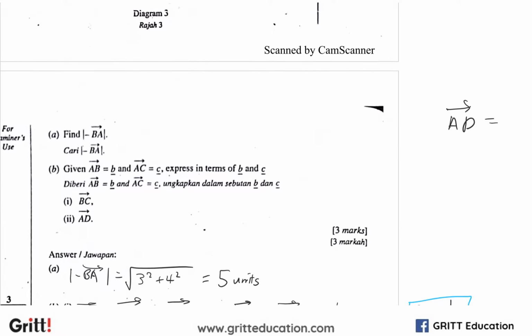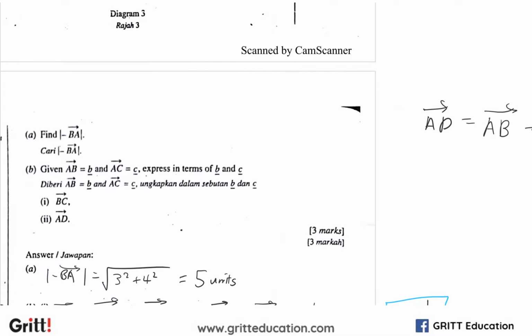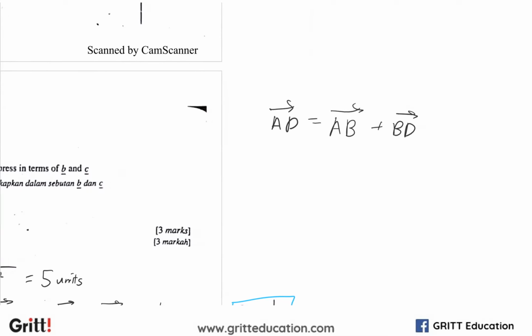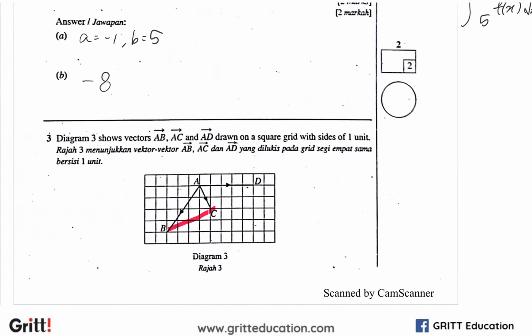One way you can do is you can start with AB, and BD, the vector AB plus the vector BD. Now, AB we already have, which is vector B. From B to D, however, we don't have a specific answer.